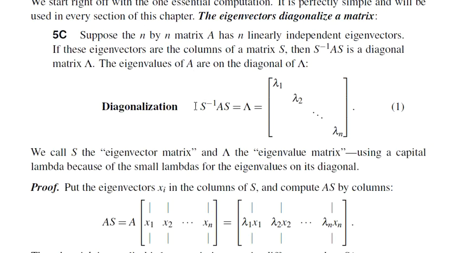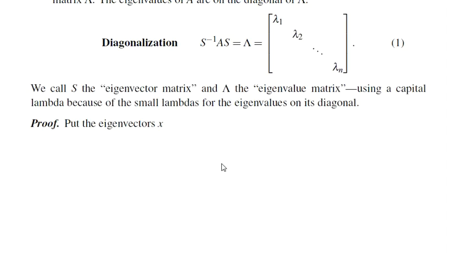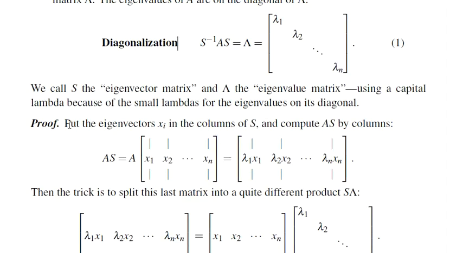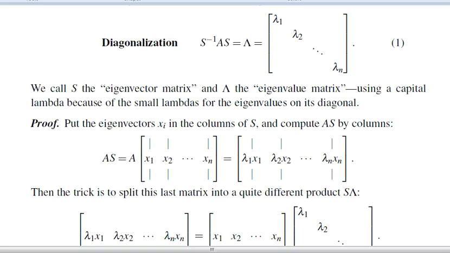So this is the statement of this theorem, the important one, and the proof goes in this fashion. Now put eigenvectors xi in the columns of S, as we have done here.